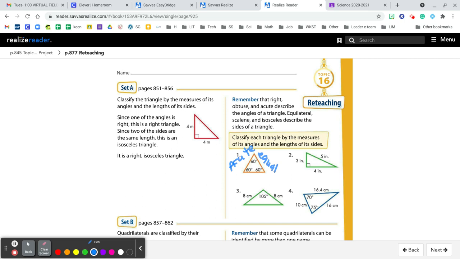And number 2, he's got a right angle, so we're going to call him a right. All sides are different, so he's a right scalene. For number 3, he's got an obtuse angle, and 2 sides are the same, so he's an obtuse isosceles. And number 4, the angles are smaller than 90 degrees, so he's acute, and all the sides are different, so he's acute scalene.